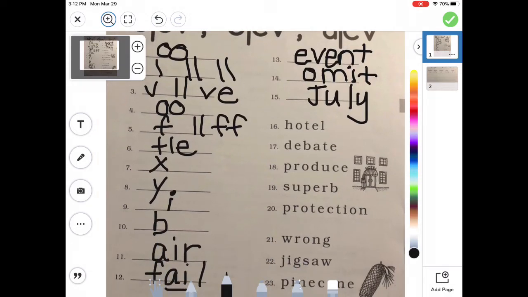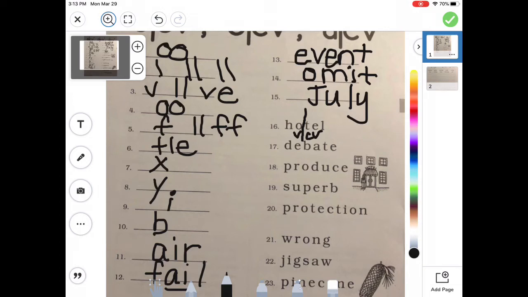All right, on number 16, we're going to go ahead and code that word. And I don't see any endings or stable syllables, so now I need to find my vowels. So where are my vowels? I've got an O, and I've got an E, and then I've got that consonant between it. So when I usually have the vowel, consonant, vowel pattern, where am I going to break it apart? After that first vowel. So let's try it right here. Remember, we can always go back if we need to. So my first syllable is just H-O.